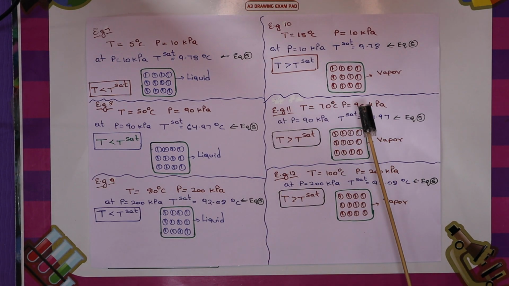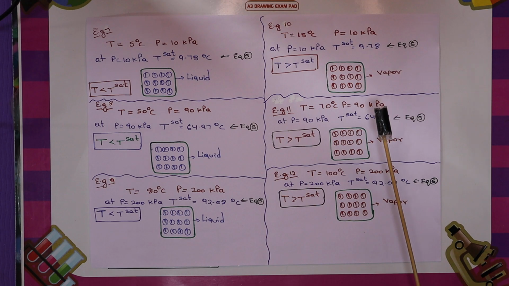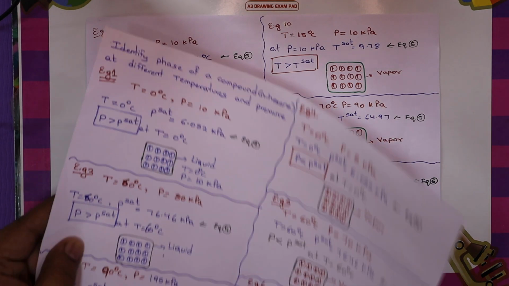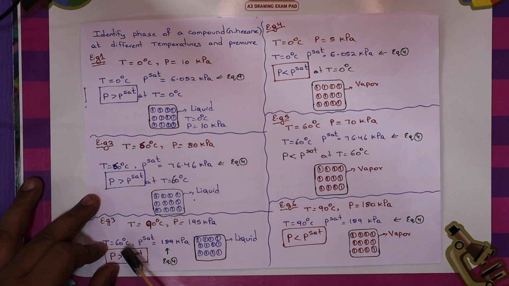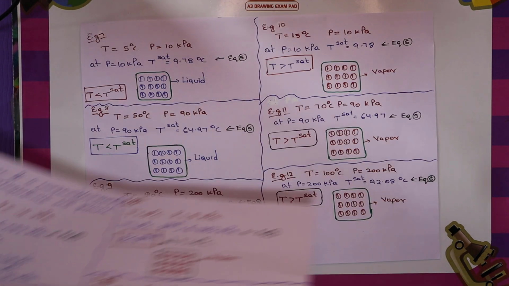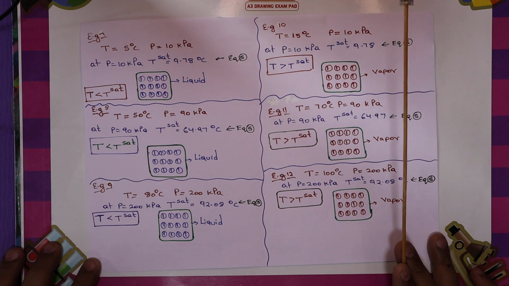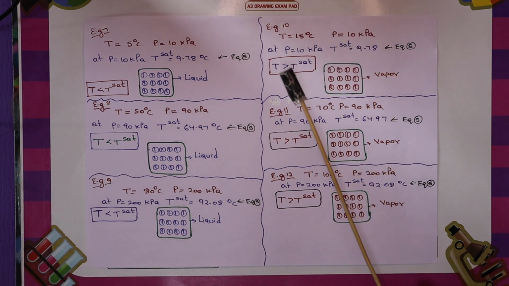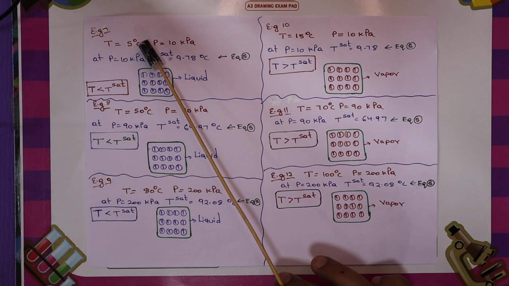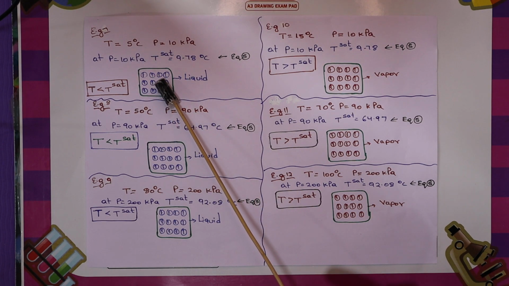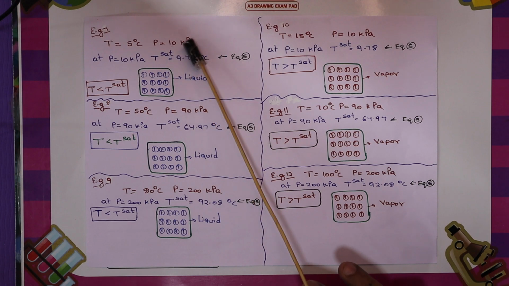Now, in the previous examples we decided the phase based on pressure, and in the subsequent examples, based on temperature, we are going to identify the particular phase. For example, there is a chamber with N-hexane at a temperature of 5 degrees centigrade and a pressure of 10 kilopascal.